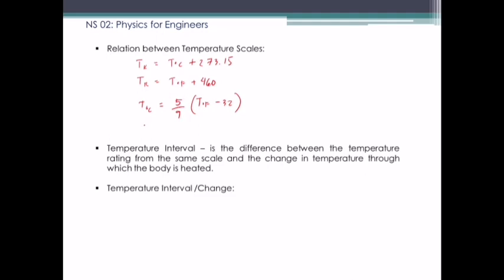And then to get the temperature in Fahrenheit, that is the temperature in Celsius times 9 over 5, and then plus 32.